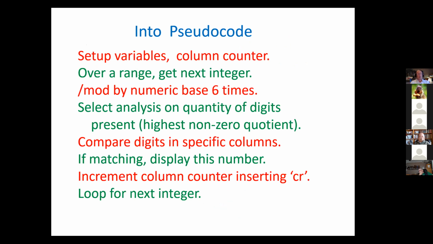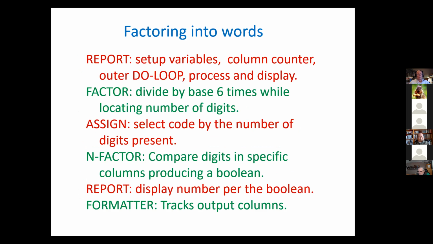The numeric base generally is 10, but it could be any other number. We then select the analysis on the quantity of digits, anywhere from 1 digit to 6. Then we do a comparison, which looks at the digits in each column, and if they match, then code to display that number, and finally handle the formatting.